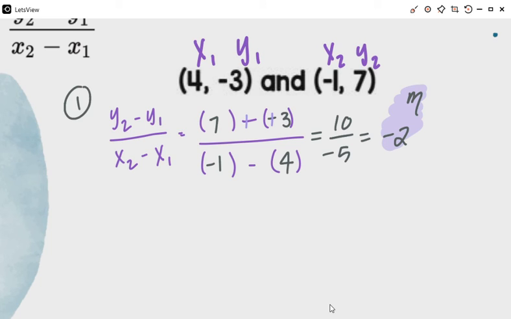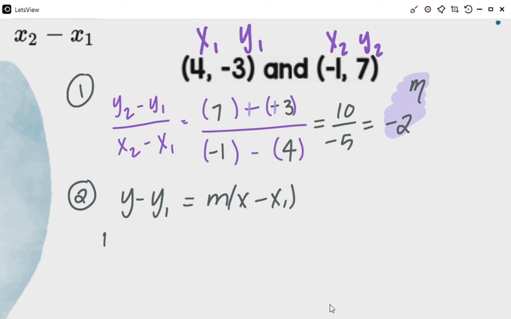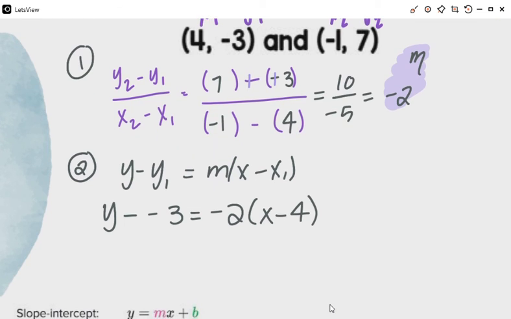Step 1. Step 2, I am going to use point-slope just because I don't like having to plug back in. I think it's easy for things to get lost, or I think we get confused. So y minus, y1 is negative 3, equals our slope, negative 2, times x minus 4. All right, that double negative becomes a positive 3.